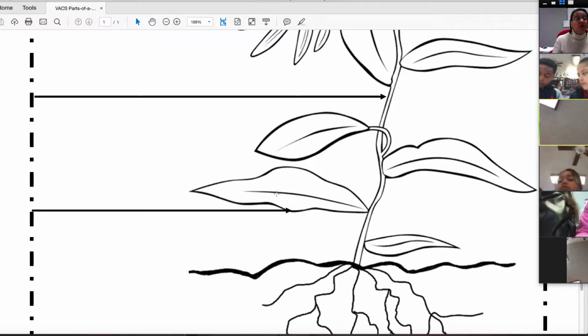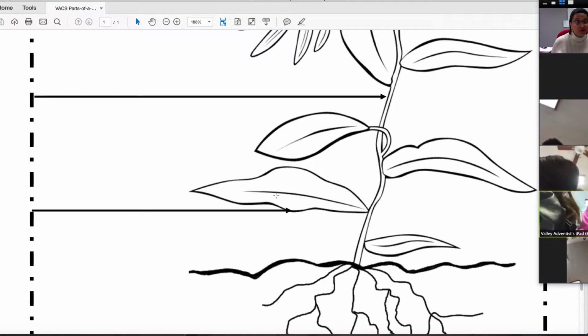It's going to take in that carbon dioxide. It's going to take that carbon away and make sugar, which is so great. It's going to give off the oxygen, and it also takes in energy. Anybody know what the energy source is for the plant?